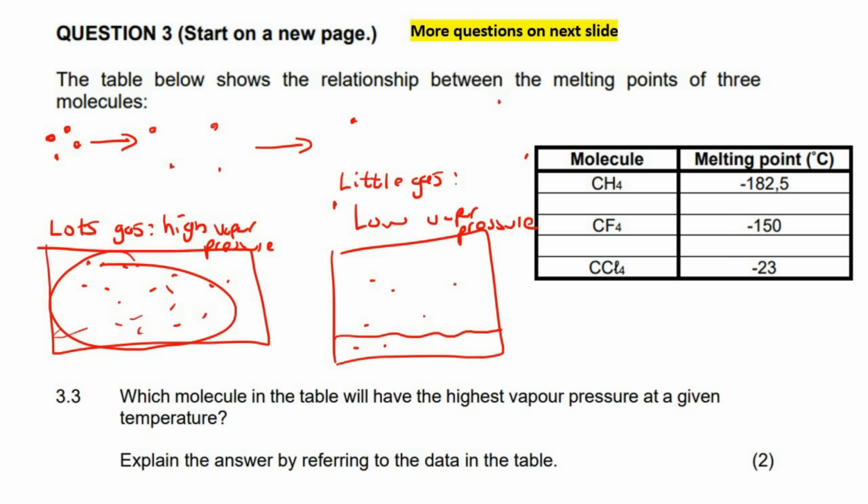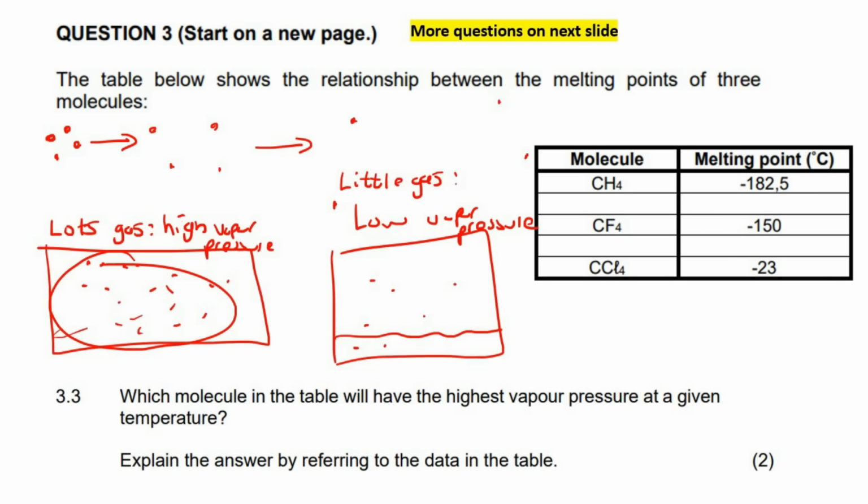So we said that CH4, did we say that the London forces are stronger or weaker compared to CCl4? Well, if you remember correctly, we said that these ones over here have the weakest London forces. Then it's these ones, which are a little bit stronger, and then these ones are the strongest. Remember, because of the size and the mass and the electrons.